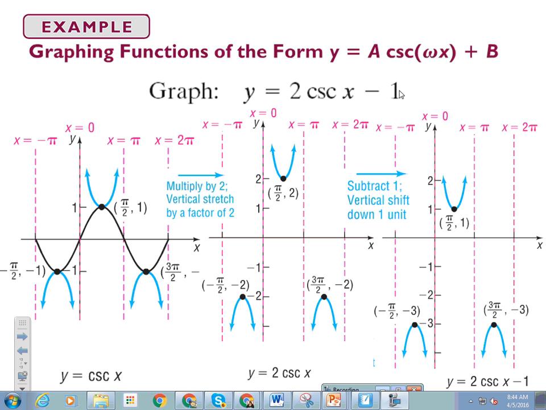Then minus 1 means instead of being up here at 2, we're going to move it back down to 1. But this guy at negative 2, we're going to move him down to negative 3. So we're stretching out that distance between our vertices. Instead of being 1 on the top and negative 1 on the bottom, it's going to be negative 2 and 2, and then we move that whole thing down 1. So that means 1 and negative 3.